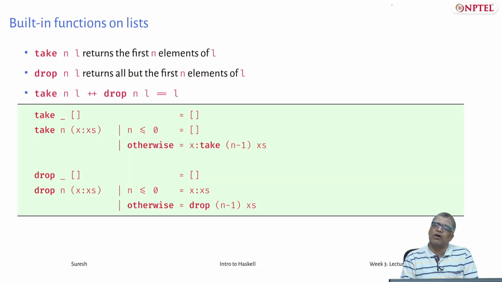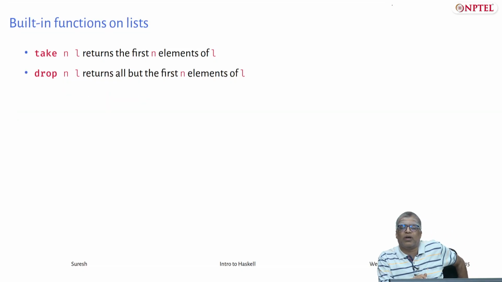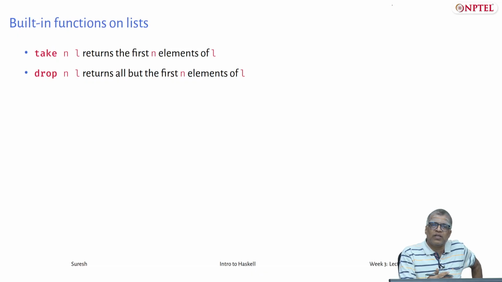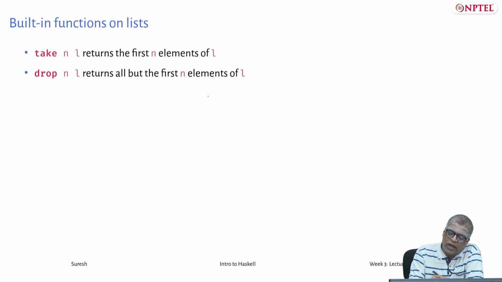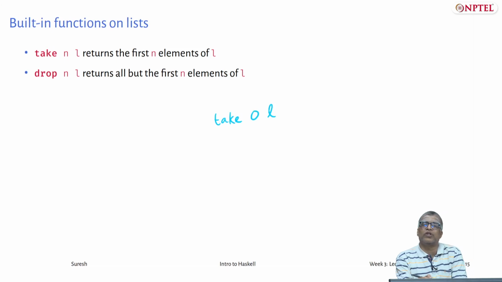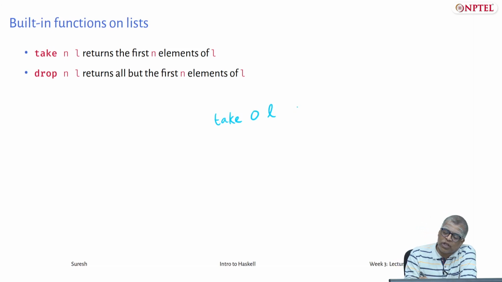And actually once again you can write this in simple terms. It's a simple recursive function. Let's try to figure out how to write this. Take, let us say, take of 0 of L means I have to return the first 0 elements of the list, which is nothing but just the empty list.